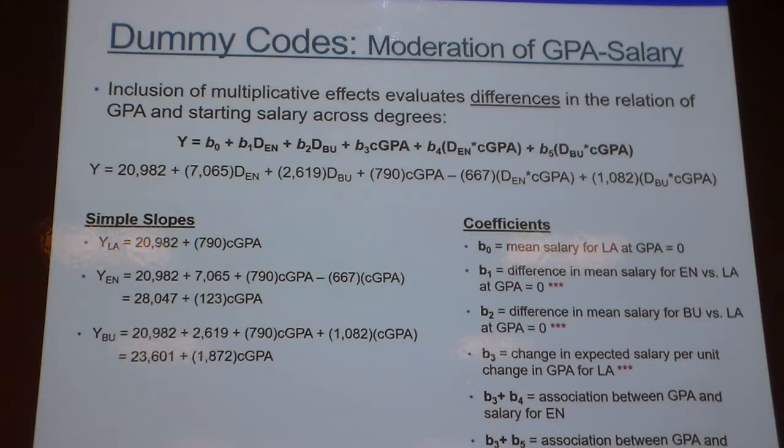Okay, so again, when you're working with your regression equations, don't be afraid of the actual function. Take a look at that, because that's going to tell you a whole lot of stuff. Because if you start thinking about who am I talking about, well, I'm talking about a liberal arts major, so that means that they're not a business major and they're not an engineer, so that stuff goes away. This is what I'm left with. Okay.